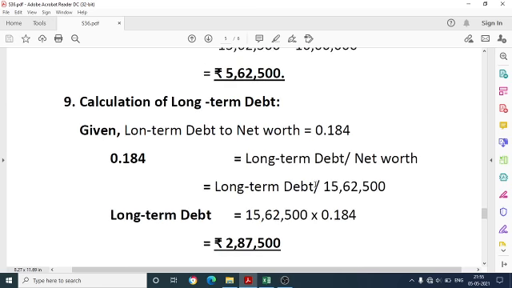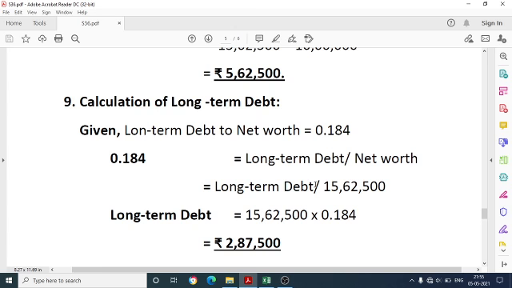And last calculation with respect to long-term debt. Now long-term debt to net worth ratio is given 0.184. The formula you can draw here: long-term debt upon net worth. Long-term debt is not given, ratio is given 0.184.